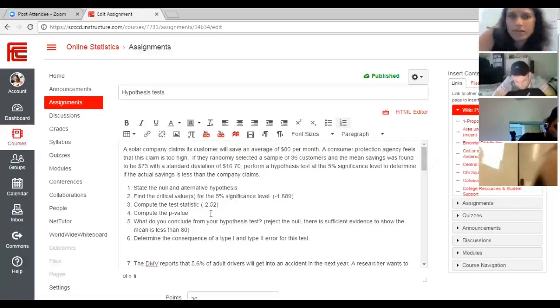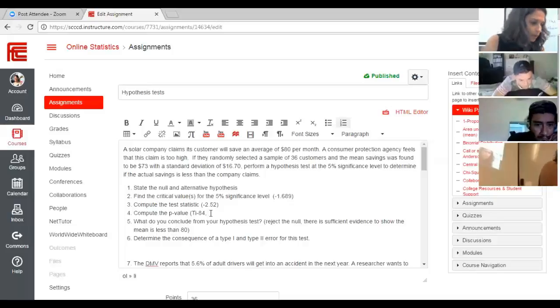One of the easiest ways to do a p-value, if you have a TI-84, would be to pull up STAT, then TESTS, then T-Test. I have stats.